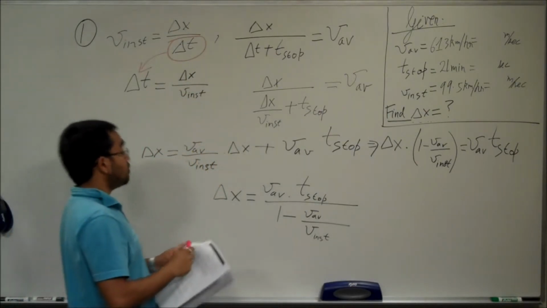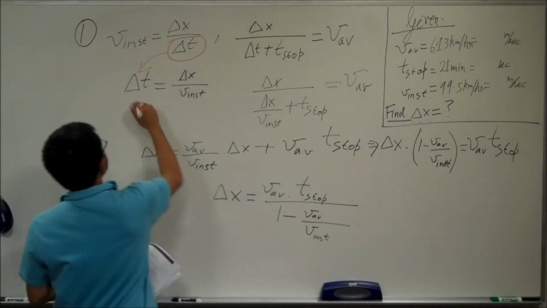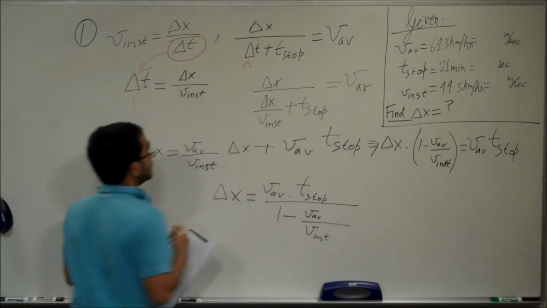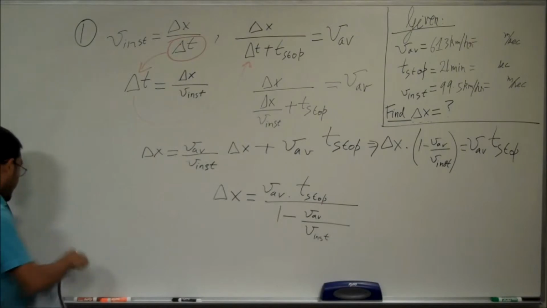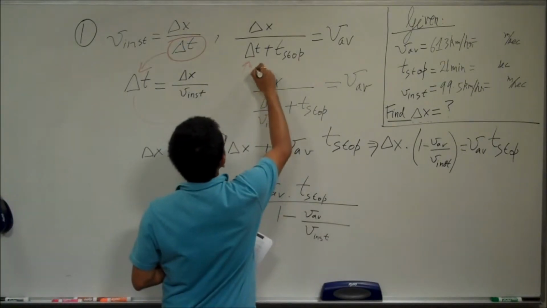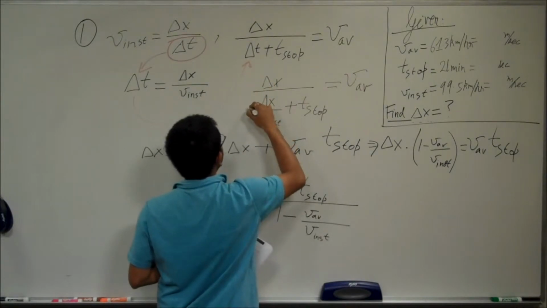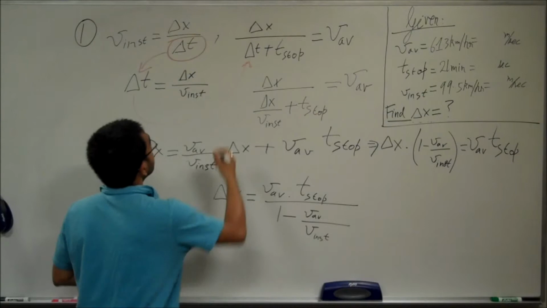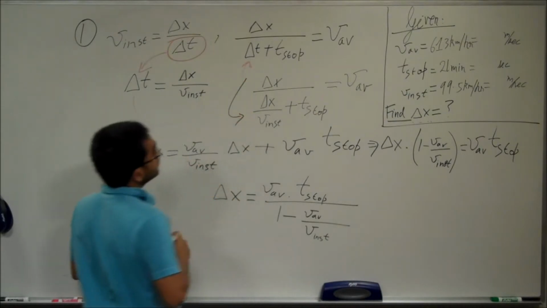Then I plug this delta t into the average velocity equation, and when I do that, I get this equation at the bottom.